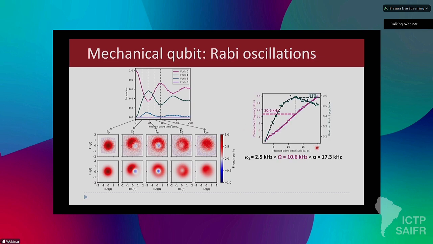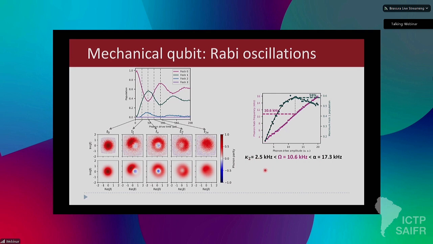This was done at an operating point where our Rabi frequency is about 10.6 kilohertz, and we're parking that just in between our anharmonicity and our decoherence rates.